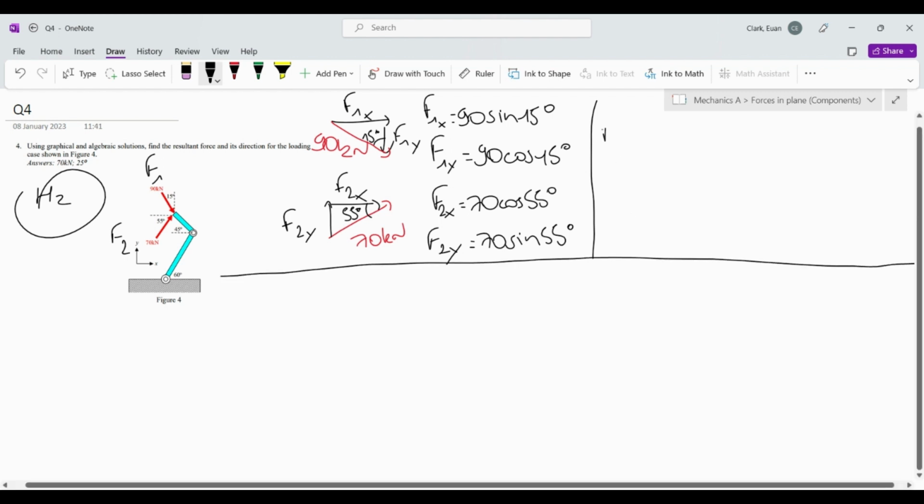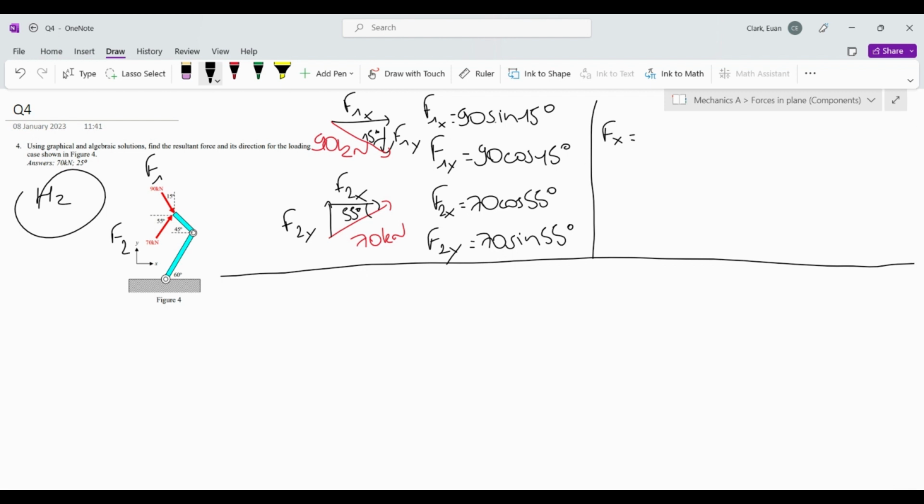So Fx, simply the sum of both components in the x direction. Now both of these components are going to the right, so both components will be positive, as we can see here. So we're going to have 90 sine 15 degrees and 70 cosine 55 degrees.